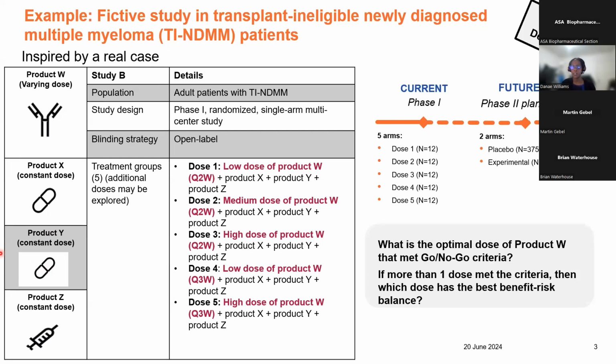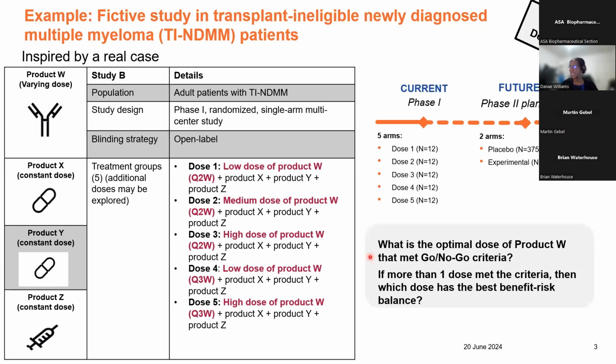At that time, we were exploring 5 dose cohorts with the varying dose intensity of product W. And the aim is that out of the 5 dose cohorts, only one of the doses would move forward towards the future planned phase 2 study.